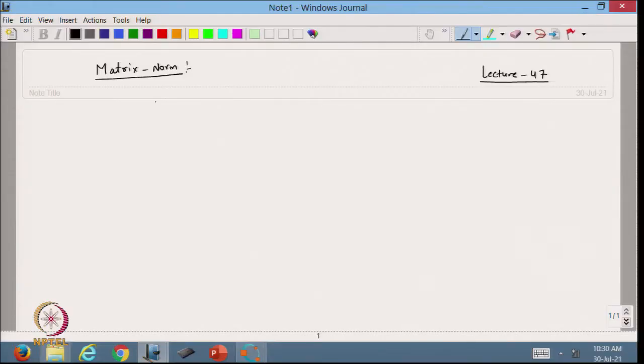So in the previous lecture we have discussed that for any vector v that belongs to Rn, or a set of polynomials, or a continuous function, this is what we are defining it for.